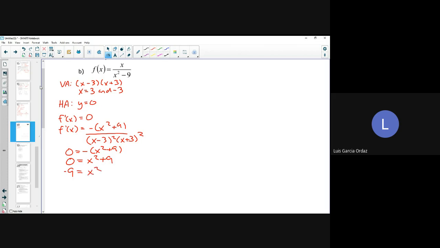I cannot have a negative square root, which means it is not possible, which means that my graph is undefined at x is equal to 3 and negative 3. So if I were to draw my sign chart of f prime of x at negative 3 and positive 3, I'm undefined on either one of those.